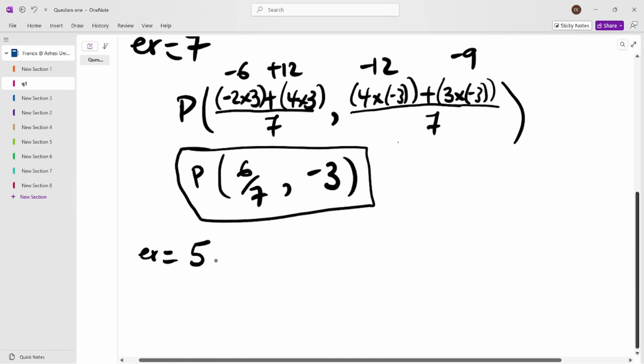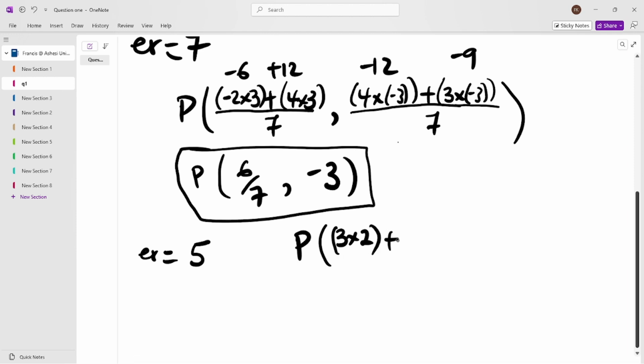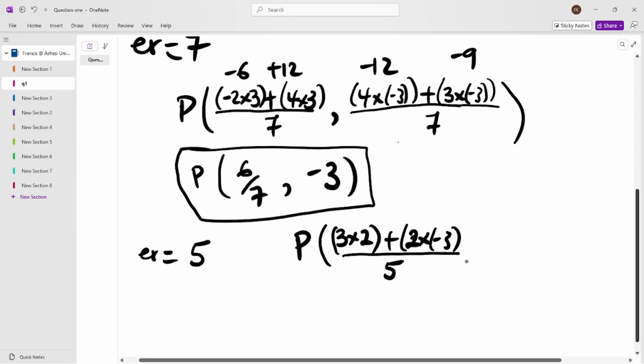We are finding for P. It's going to be 3 times 2 plus 2 times negative 3, all over 3 plus 2, all over 5. Is that not the effective ratio? Yes.